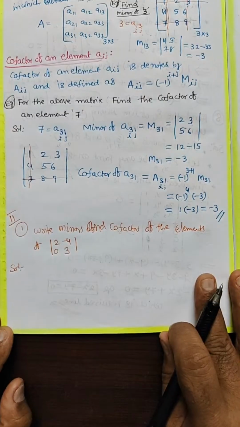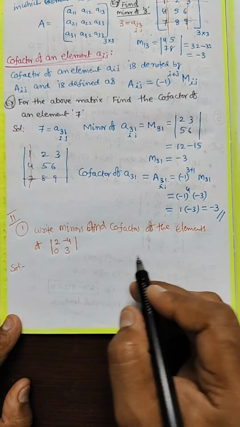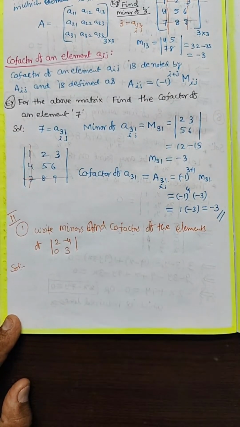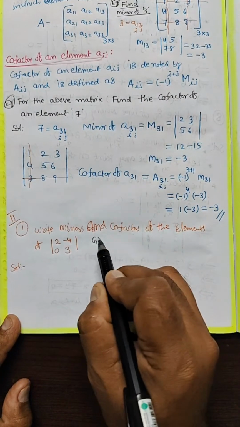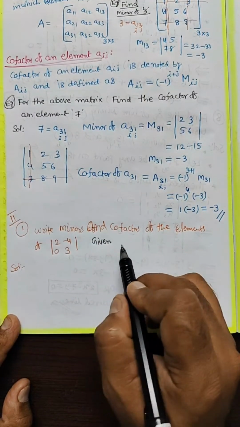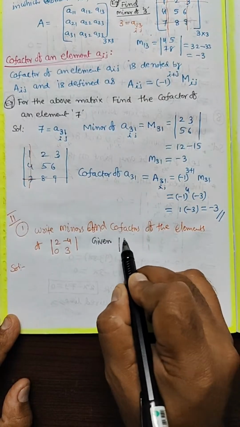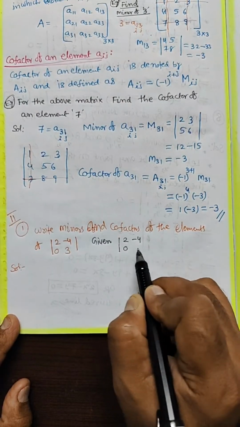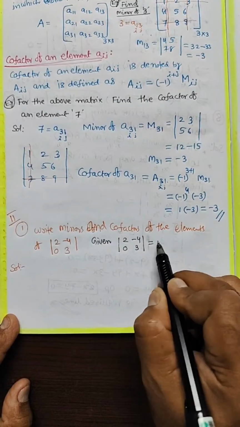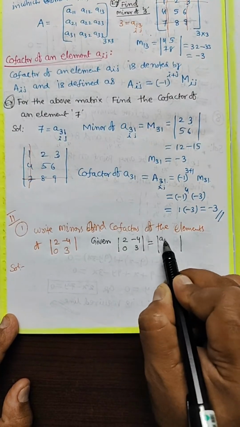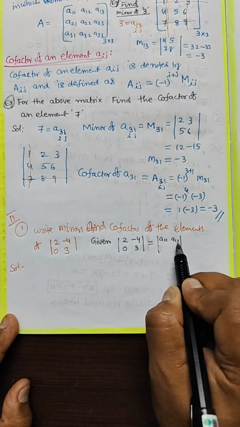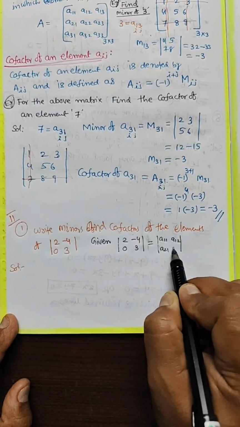So first, the given determinant 2 minus 4 0 3. First we have to take their positions A11, A12, A21, A22.